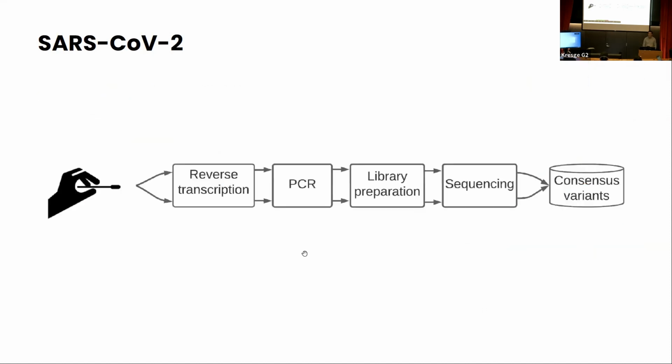The pipeline being used at the Sanger at that time was amplicon-based, but we wanted to make sure we were looking at real within host variants and not errors. To get at this, we ended up doing every sample in technical replicates. So we performed separate reverse transcription, PCR, library prep, and sequencing steps, and then only considered within host variants that were found in both of those technical replicates.